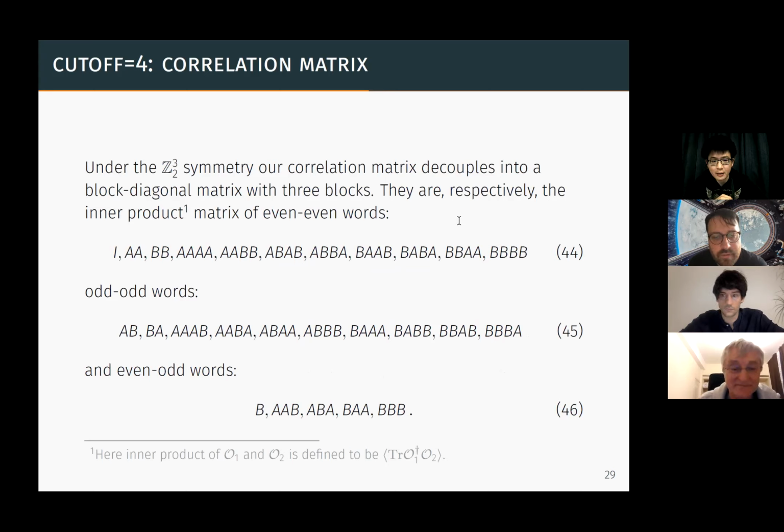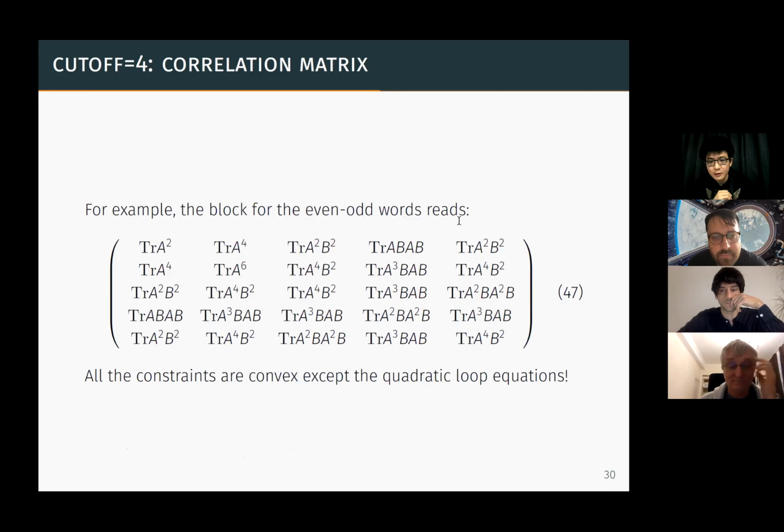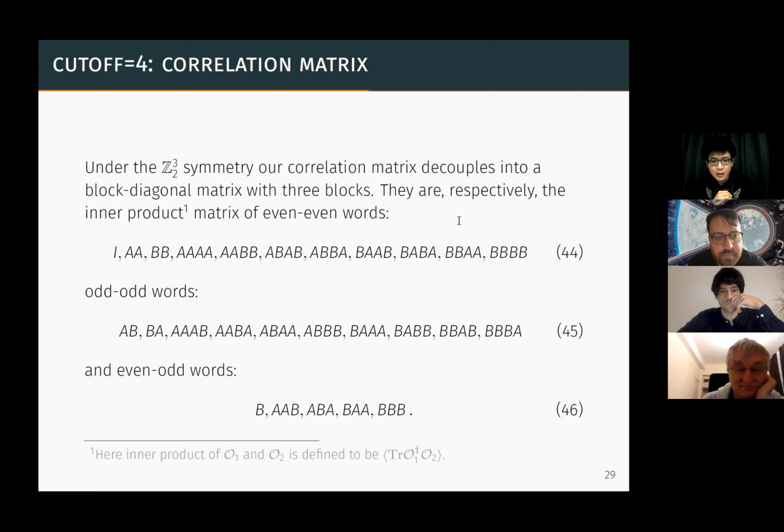So they are positive. And then why does it appear several times? Because the inner product of the second word is trace A square trace A to the 4th B square. And the inner product of the 4th BAA is also trace A square B to the 4th because of the A to the B global symmetry.